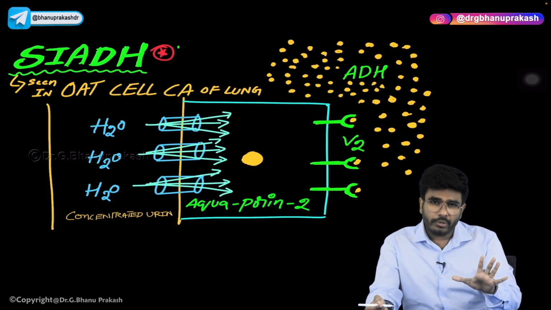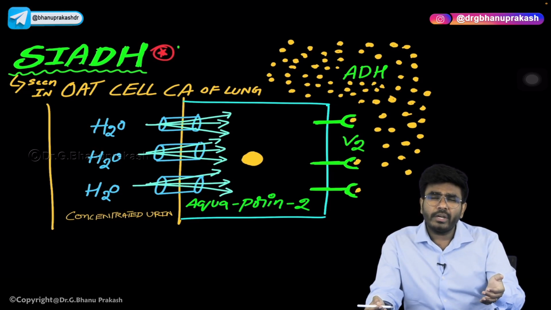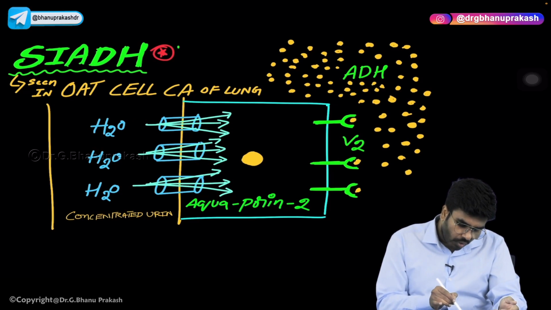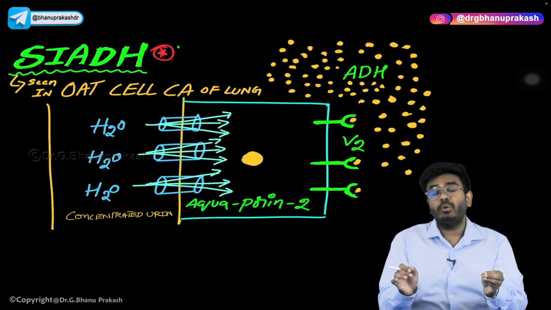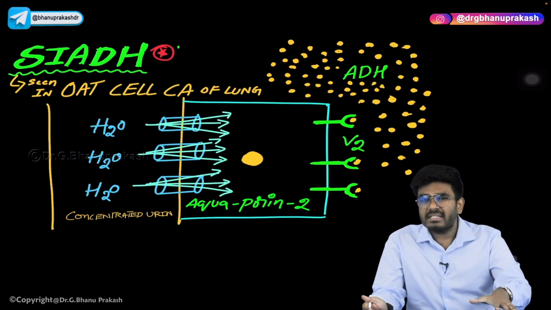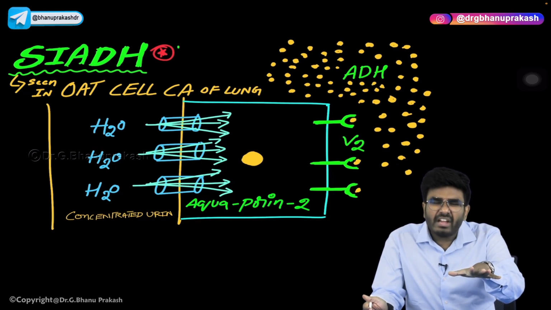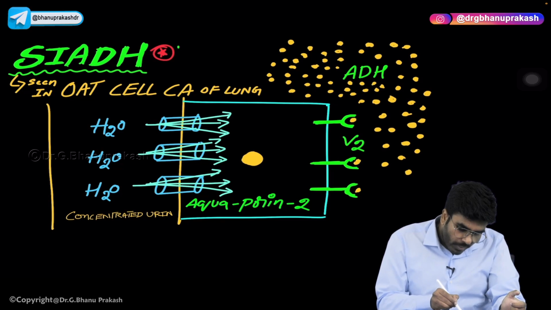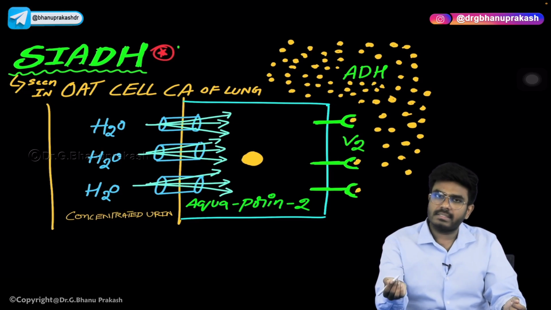Is the person going to produce concentrated urine or diluted urine? If so much water is getting reabsorbed, the patient is going to produce super concentrated urine. Or I can say the person is going to produce very little urine. The urine production is so much decreased. Why? Because so much water is getting reabsorbed in the collecting ducts. Very simple.